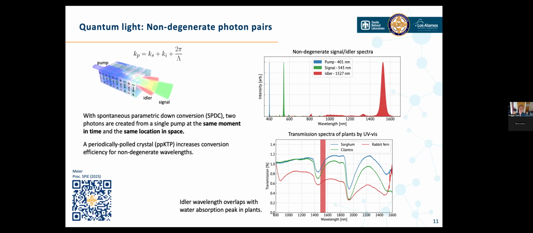But a lot of them are coming from these photonic crystals that can actually take a single photon and through what's called a process of parametric down conversion, convert a single photon of one wavelength into two photons of different wavelengths. Sometimes those photons can be the same wavelength. This is called degenerate quantum light. But you can also tune the properties of the crystal, so you get different wavelengths out. And this is a particularly interesting property that we can take advantage of for our imaging.